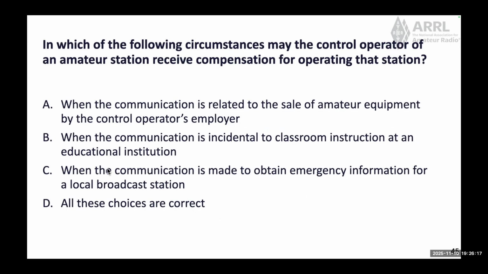And if you remember, we said earlier the only person that could be paid would be a teacher teaching about ham radio in their classroom at an educational institution. So it's going to be B is the answer.